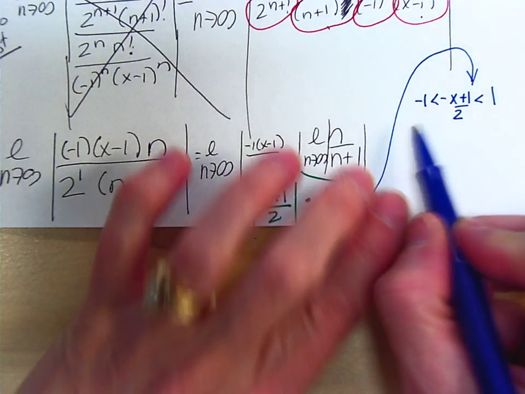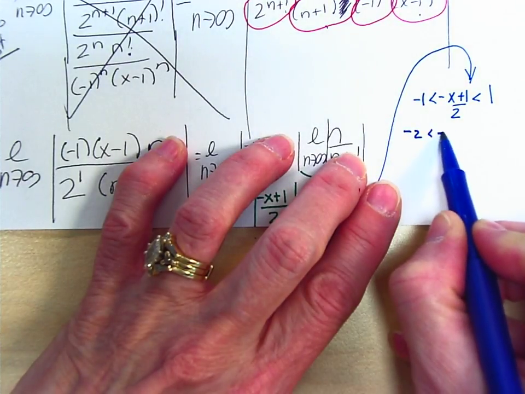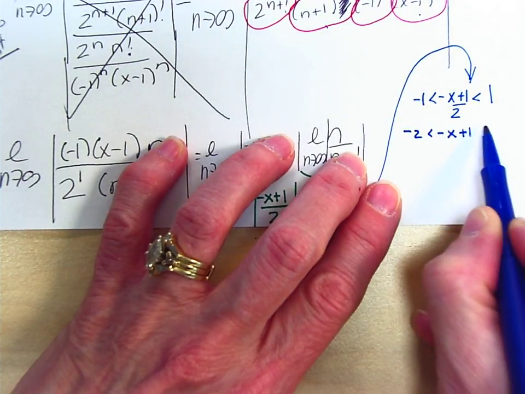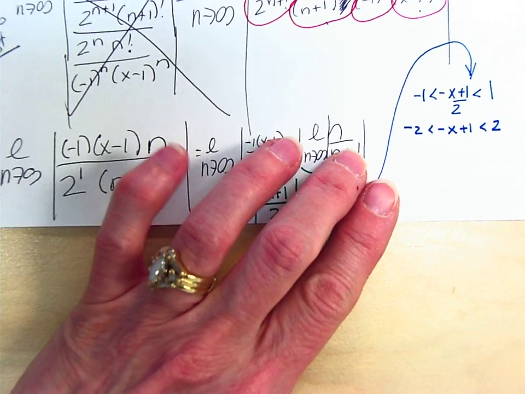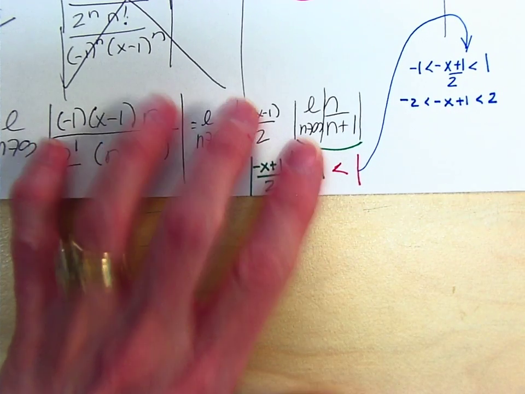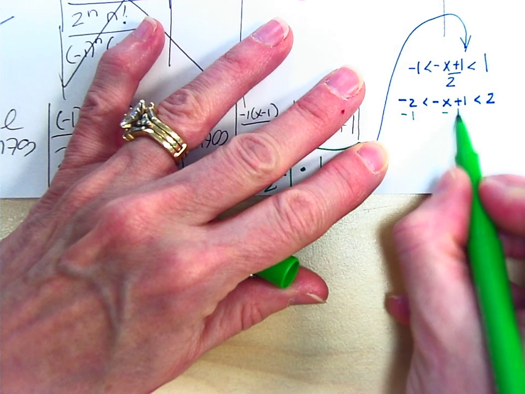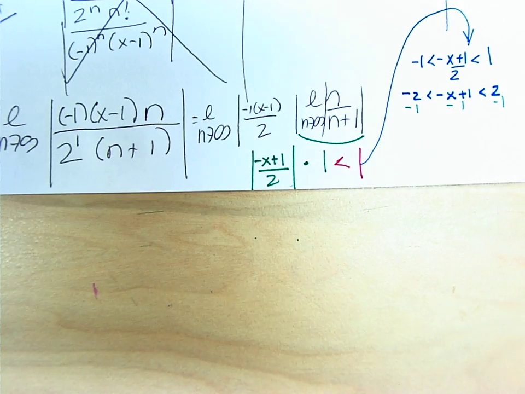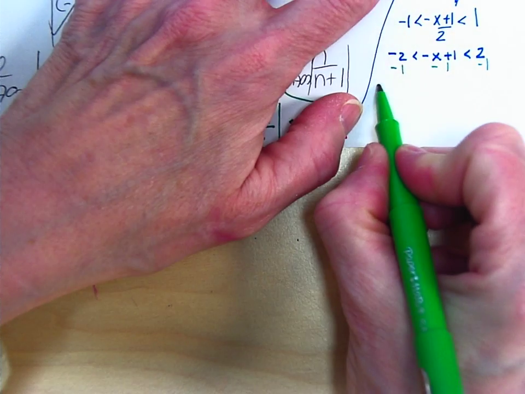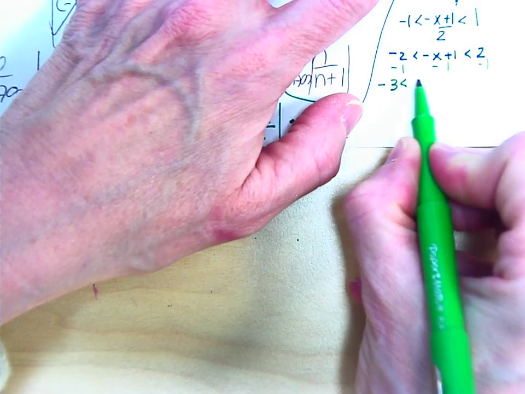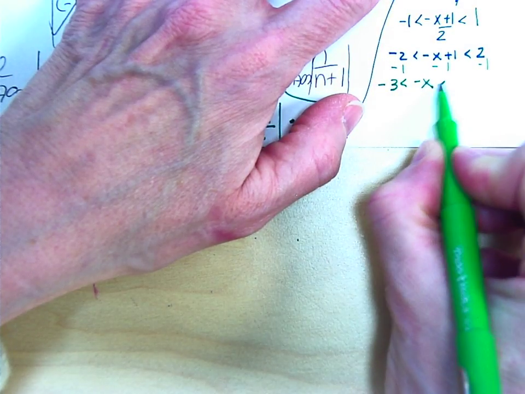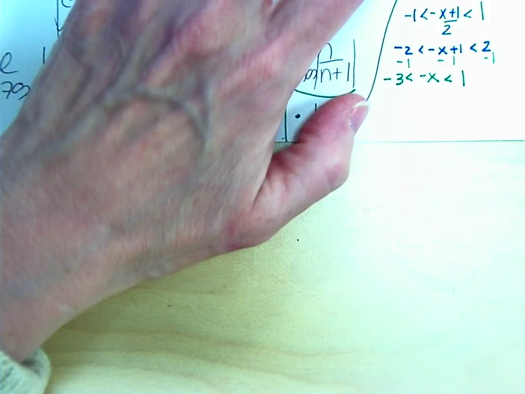So this becomes minus 2 is less than minus x plus 1 is less than 2. Then I'm going to subtract 1 everywhere to get x by itself. So this leaves me with minus 3 is less than minus x is less than positive 1.